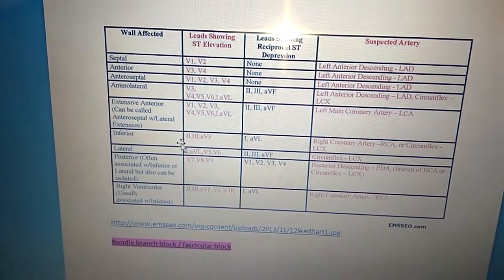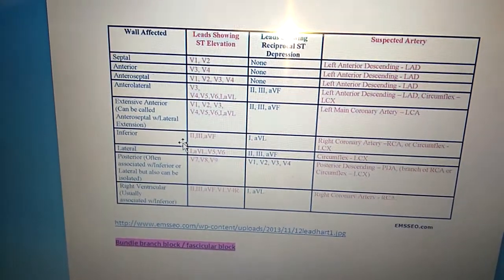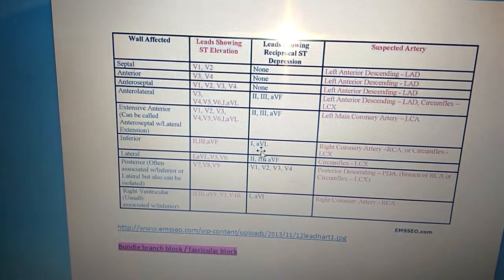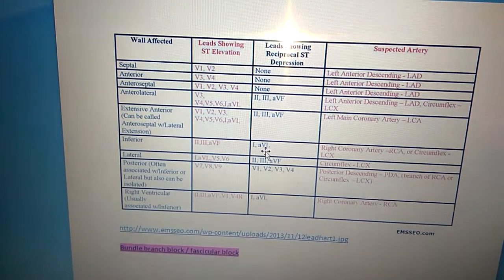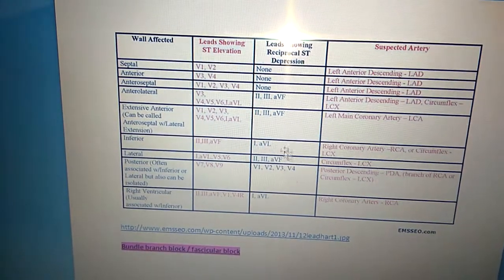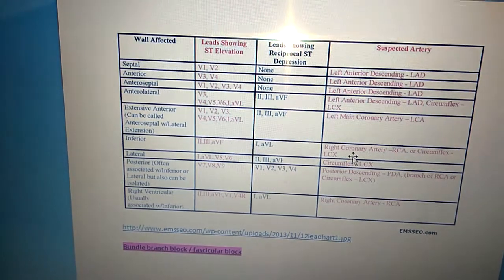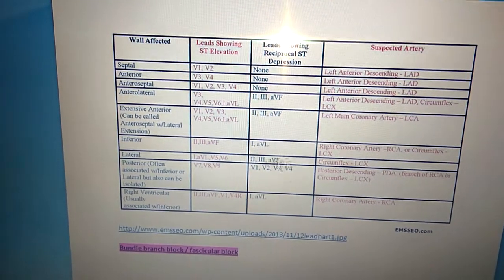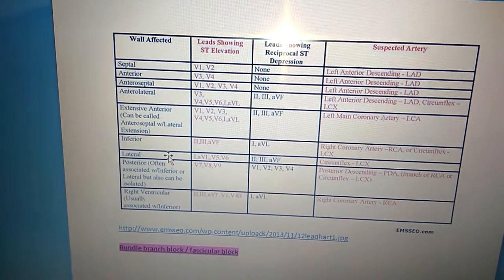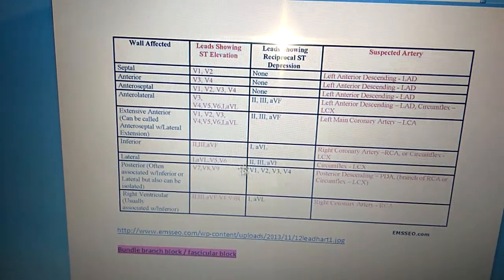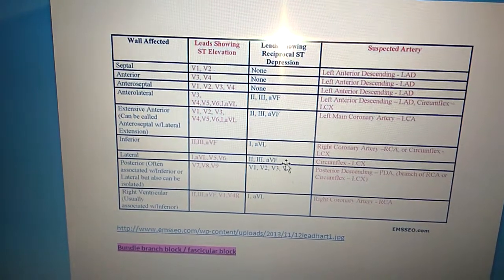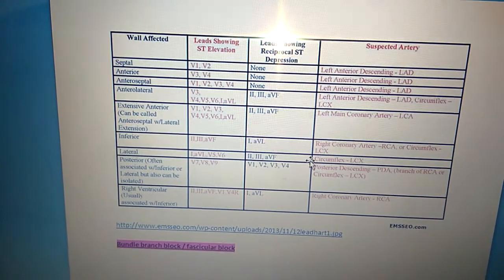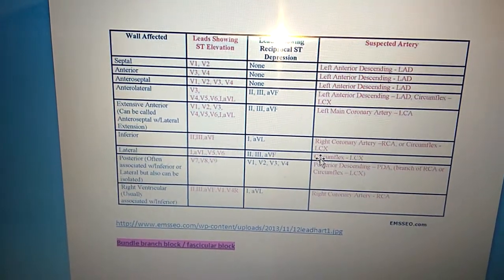If the affected area is inferior STEMI, with reciprocal changes at lead 1, AVL, the suspected artery will be right coronary artery or left circumflex. If it is at lateral and involving reciprocal changes at the inferior leads, the suspected artery will be circumflex.